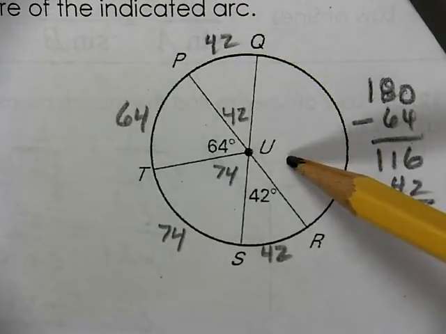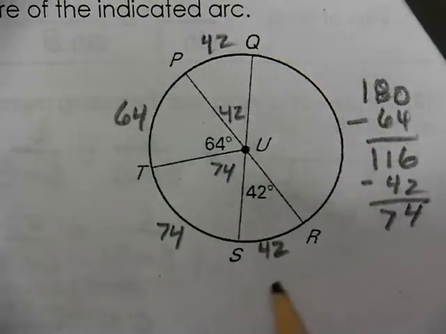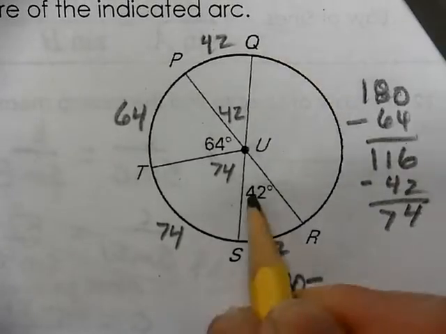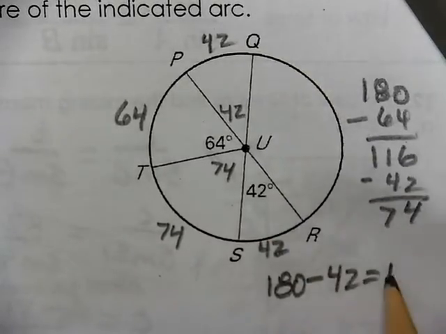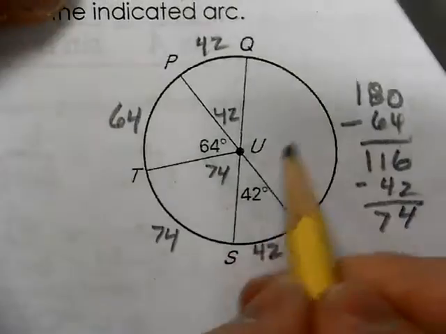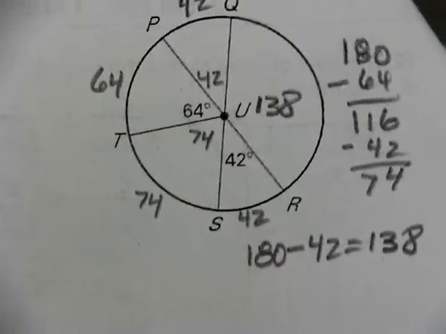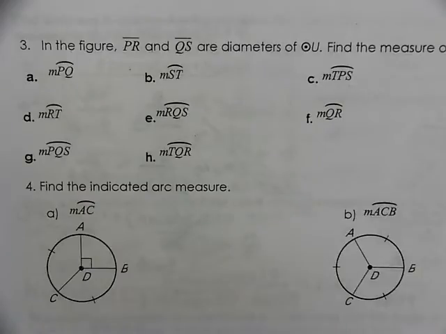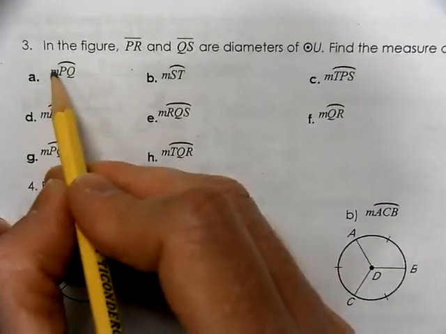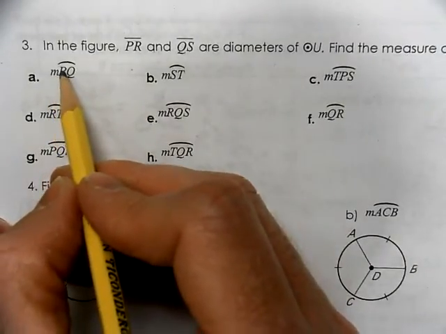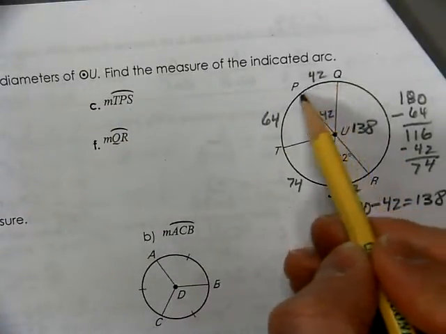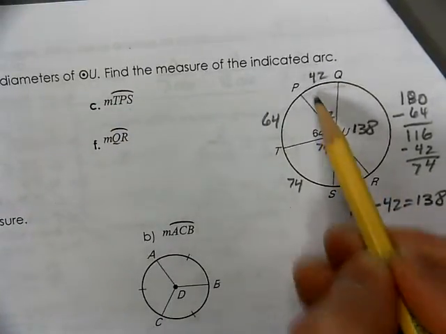So now on this side, that would be 180 minus the 42, which is 138. Now I should be ready to answer all of our questions. So the measurement of arc PQ, 42.